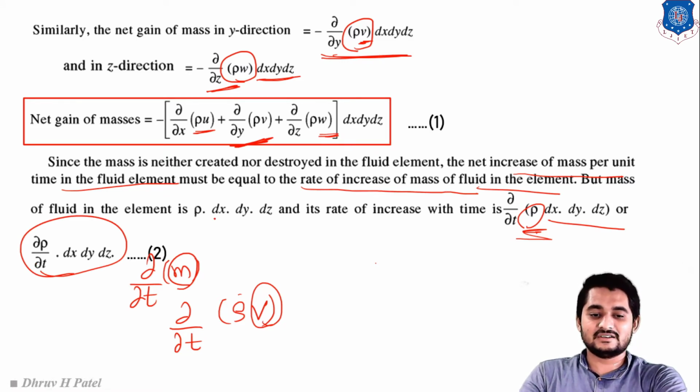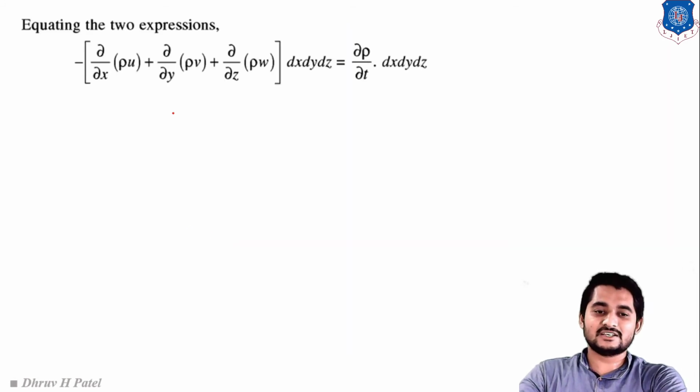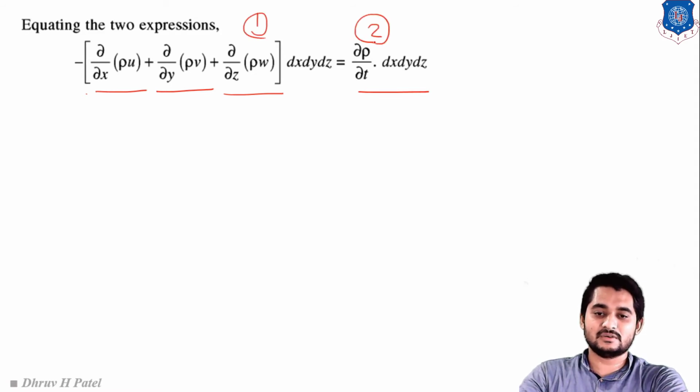Now let us take this as equation number 2. Let us compare equation number 1 and equation number 2. From balancing the two equations we have minus of del by del x rho u plus del by del y rho v plus del by del z rho w, times dx dy dz, equal to del rho by del t dx dy dz. This is equation number 1 and this is equation number 2.